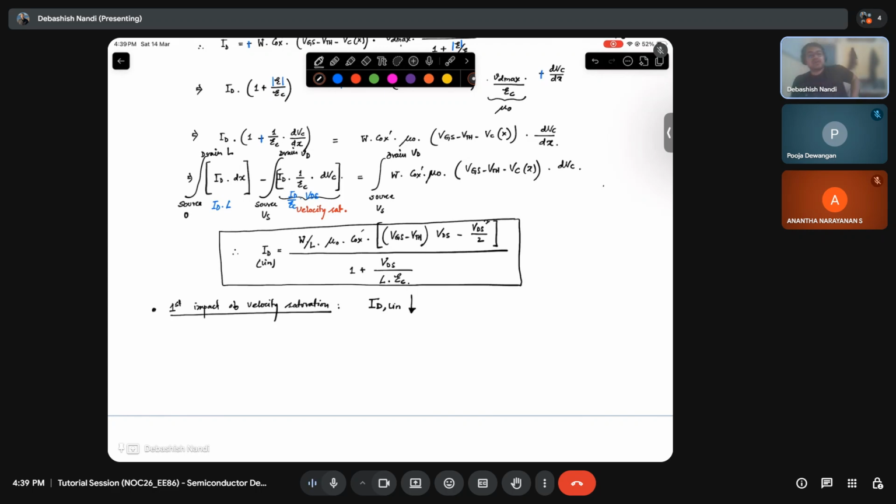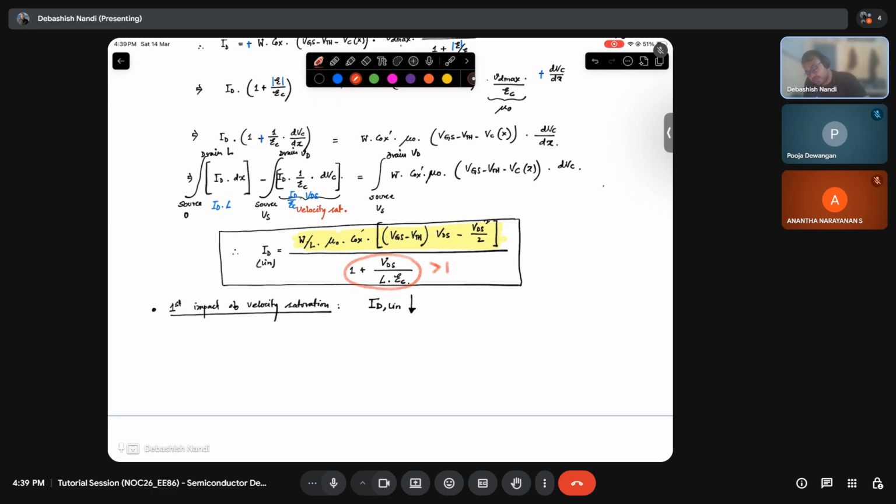Do you agree with me or not? Yes, sir. Because this denominator is always greater than 1, right? And this is the part that I would have without velocity saturation, right? So due to velocity saturation, my linear region current drops. That is one observation.